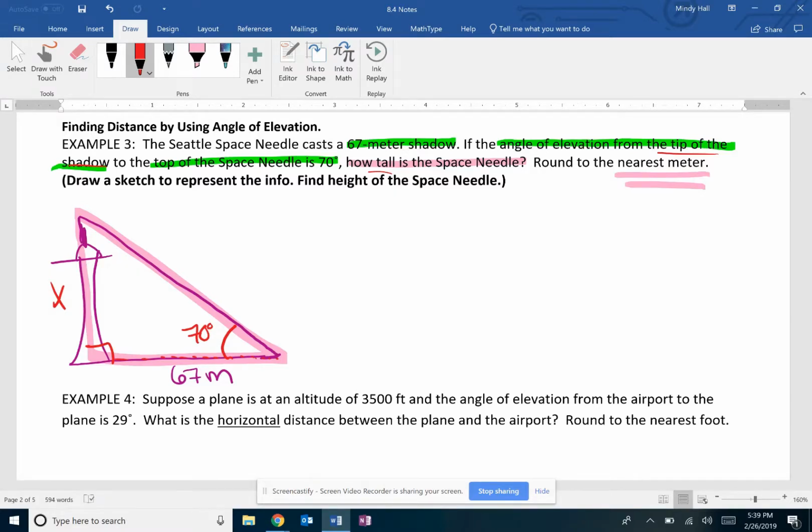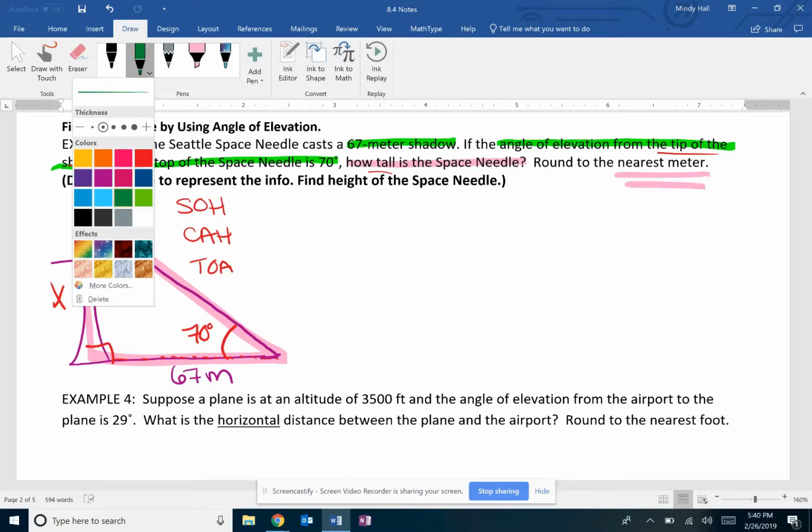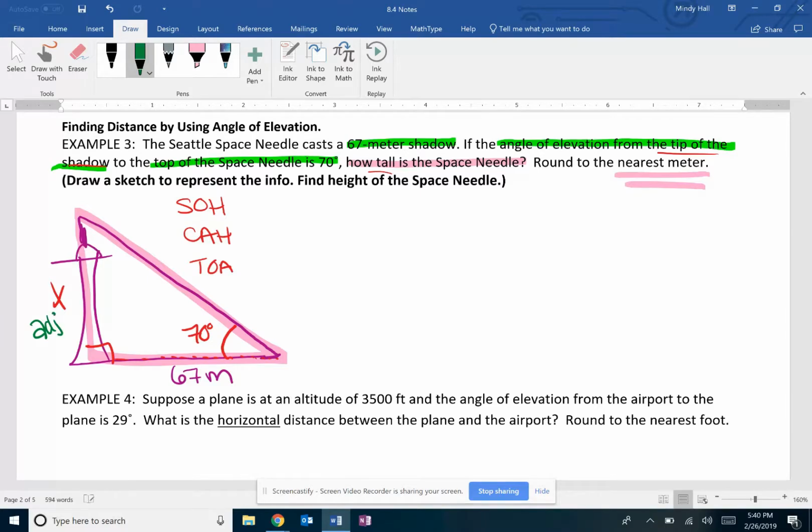So then this is going to be a lot like what we did in the beginning when we started with trig. You have one unknown and you're going to have to solve for it. So we're going to have to pull out our SOHCAHTOA. And looking at this, my X is my opposite because it's across the triangle.